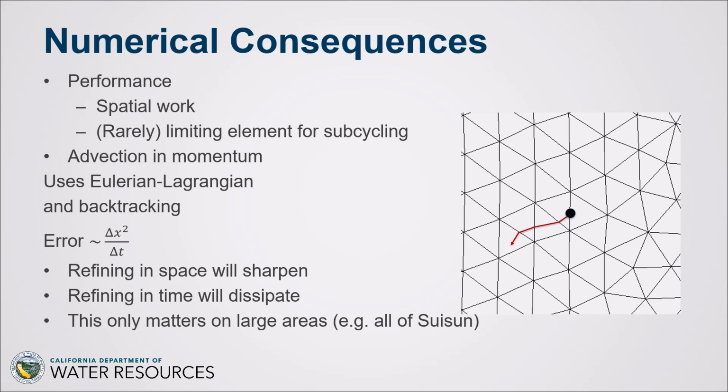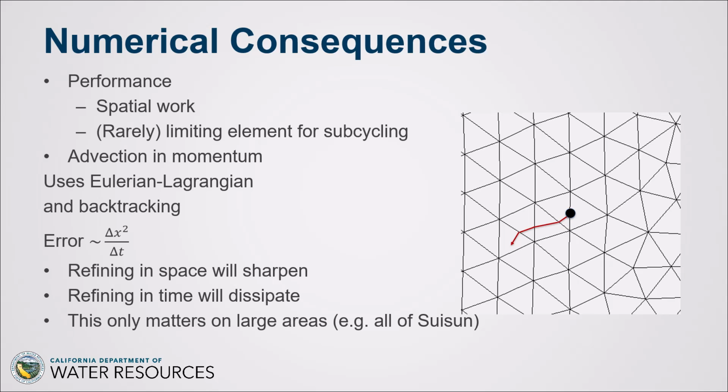A perhaps less appreciated consequence of refining is the effect that it has on the advection of momentum, or the Eulerian-Lagrangian backtracking method that's inside of SCHISM. The error of that algorithm is proportional to the spatial step, or delta x squared, divided by the time step, or delta t.